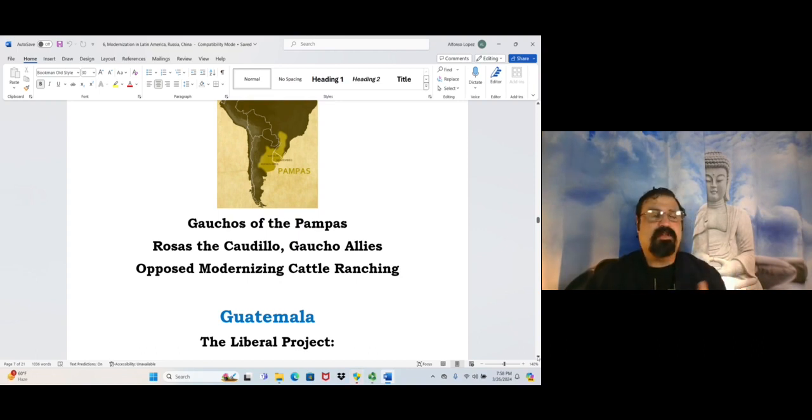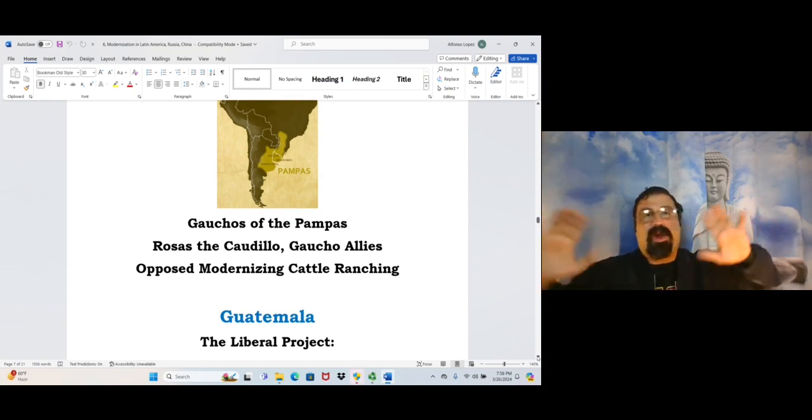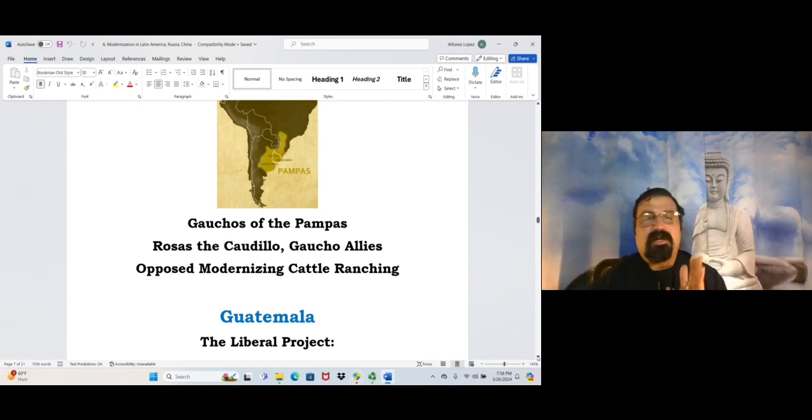This is the equivalent of the Argentinian cowboy, for example. They were nomadic. They moved into the pampas, and they were to chase and hunt and round up the cattle in order to feed the country. So they played a key role in the national economy of Argentina.